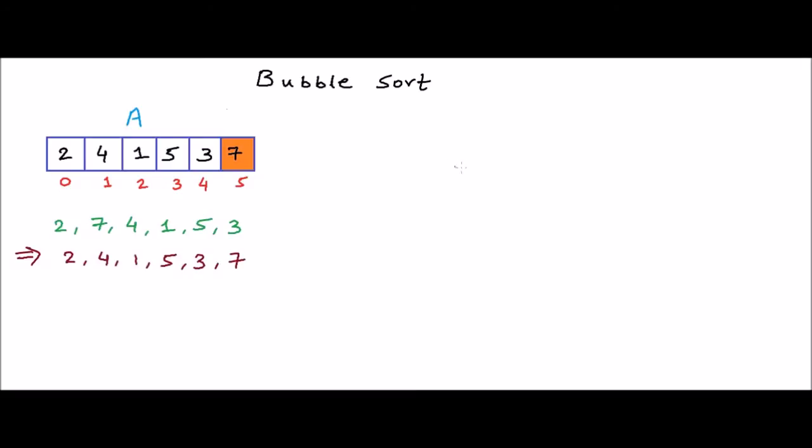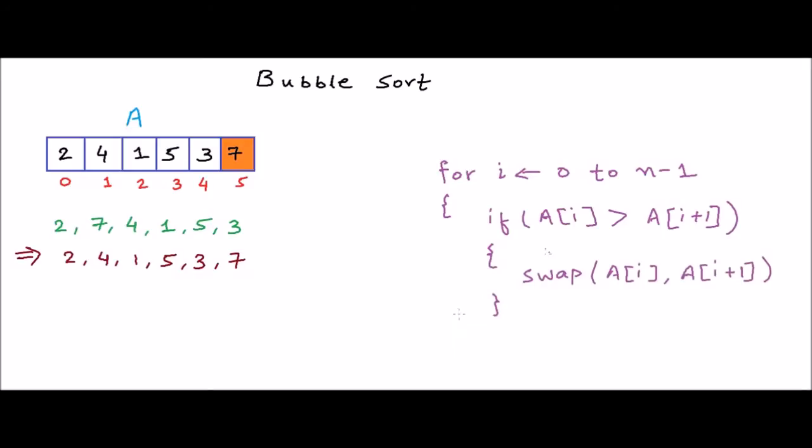If I quickly have to write pseudocode for a pass, it will be running a loop something like this. We will run a loop from 0 to n-1. Let's say n is the number of elements in an array, and if A[i], the element at position i, is greater than the element at position i+1, we will swap the two elements. There is one minor bug here.